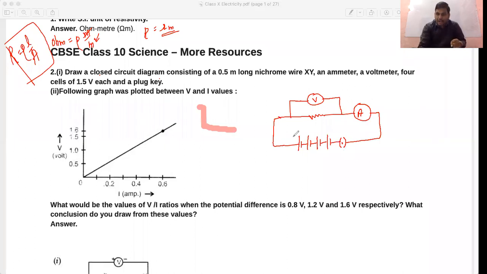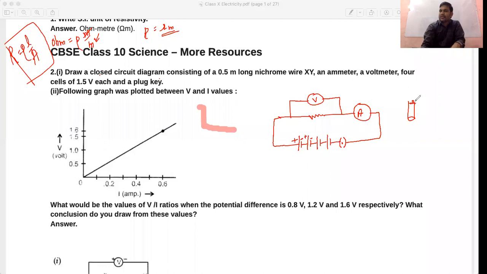You should also see the connectivity of the battery or cells. One end is plus and the other is minus, and again plus and minus. You can understand it this way: a torch requires cells to glow.